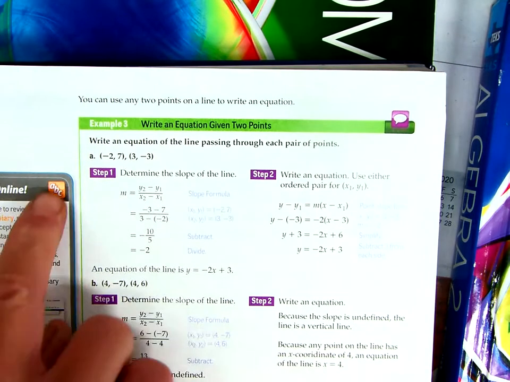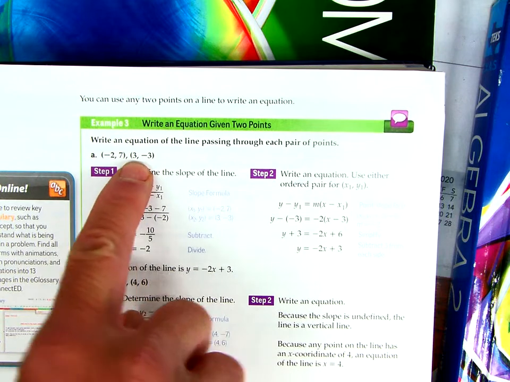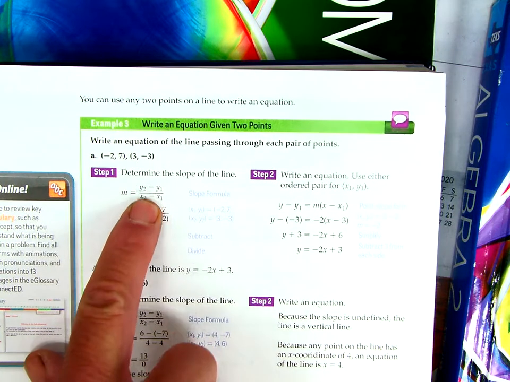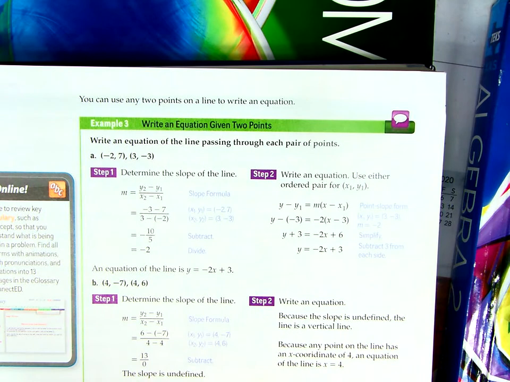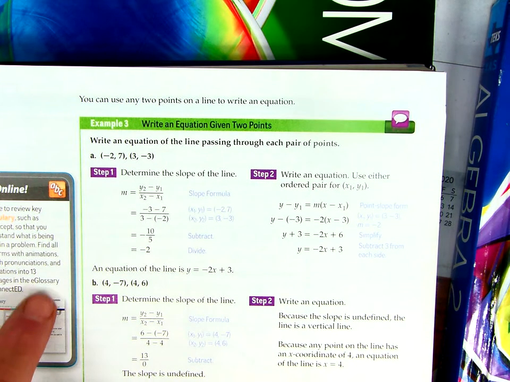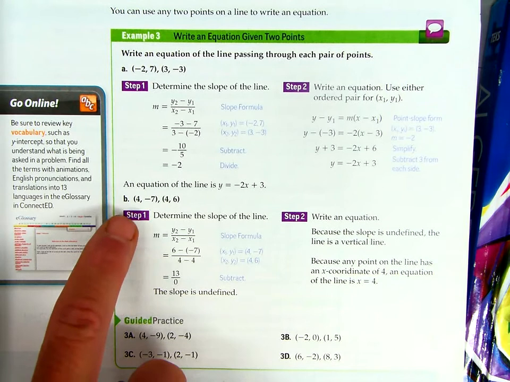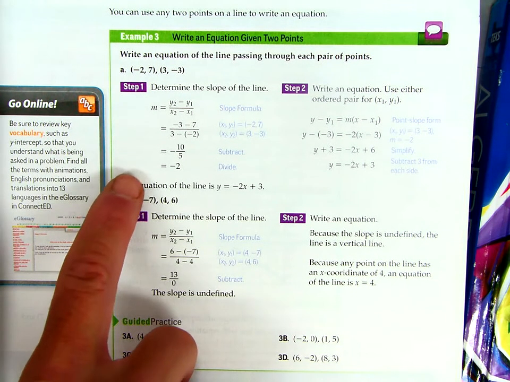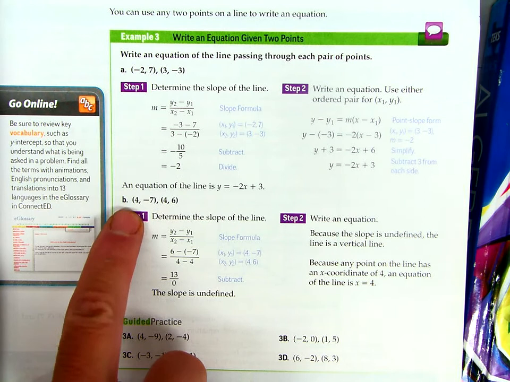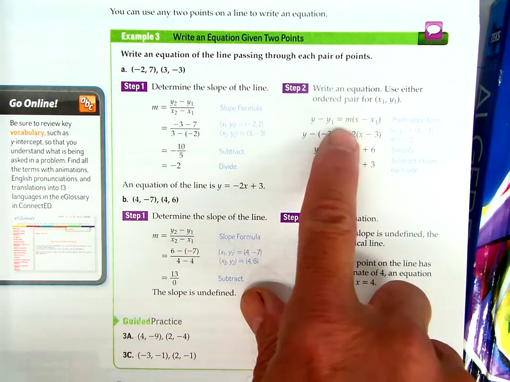Here's an example of they just give you 2 points. So first you're going to calculate the slope. Here's the slope formula. Finding slope is exactly what I did on the board right there. Then you're going to use the point slope formula to find the y-intercept. Okay, here we go, right here.